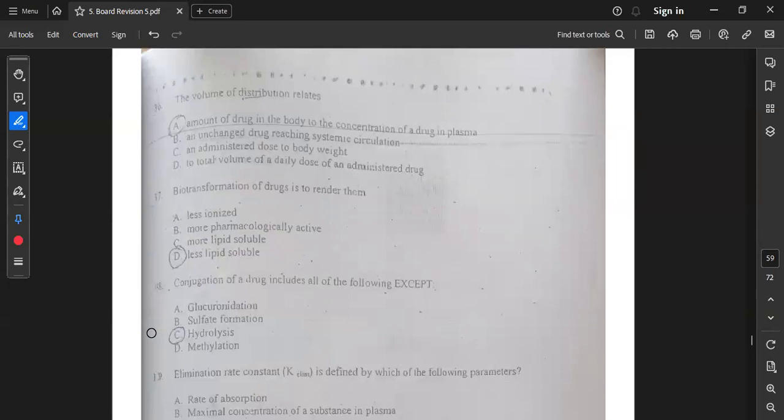Next, the volume of distribution relates the amount of drug in the body to the concentration of the drug in plasma, an unchanged drug reaching systemic circulation, an administered dose to body weight, or a total volume of daily dose of an administered drug.